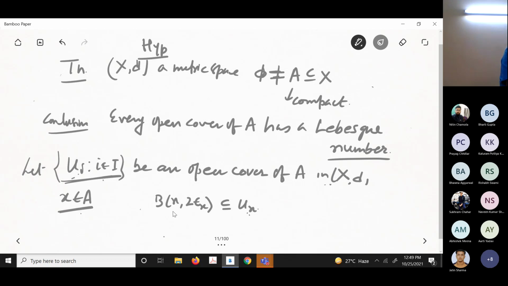Since Ux is open, there exists a ball. The ball radius I am calling 2 epsilon x, such that B(x, 2 epsilon x) is contained in Ux, where x belongs to Ux.